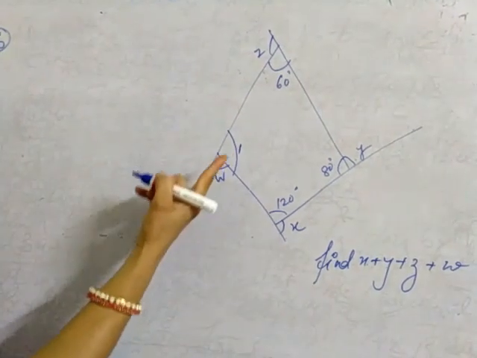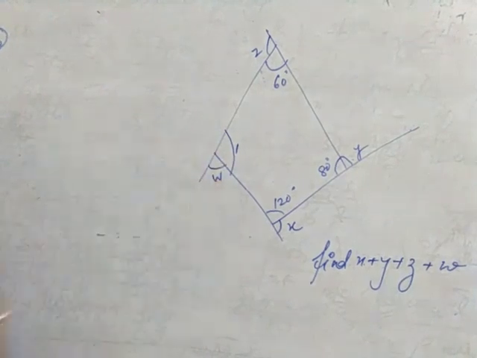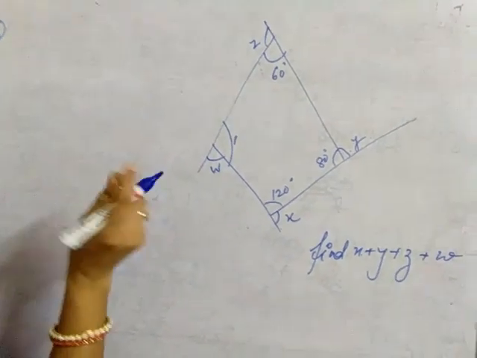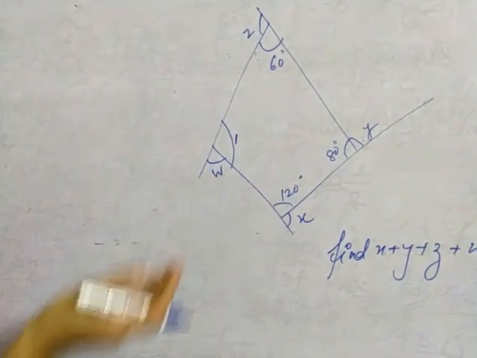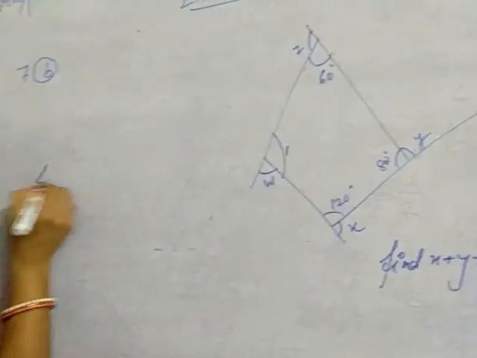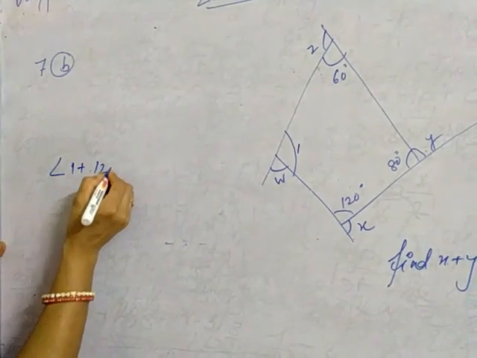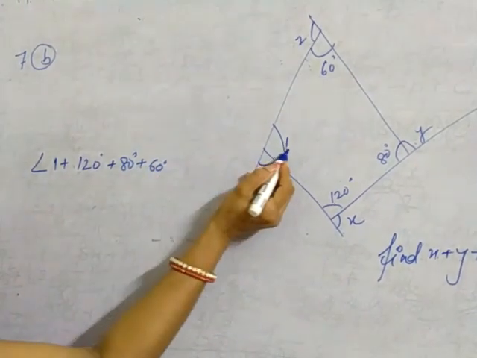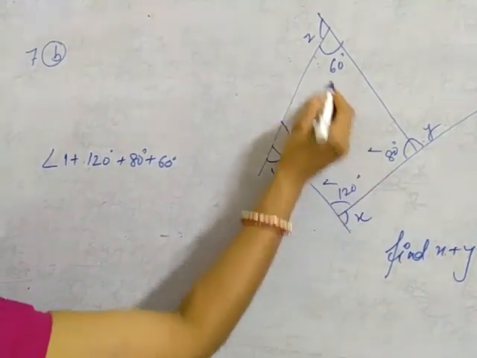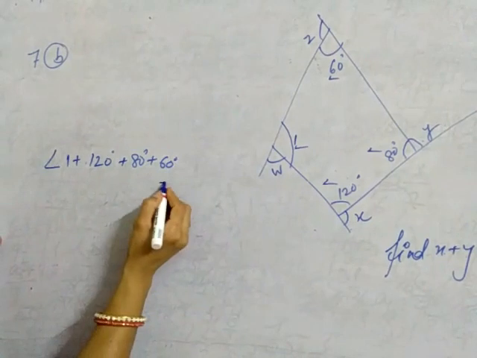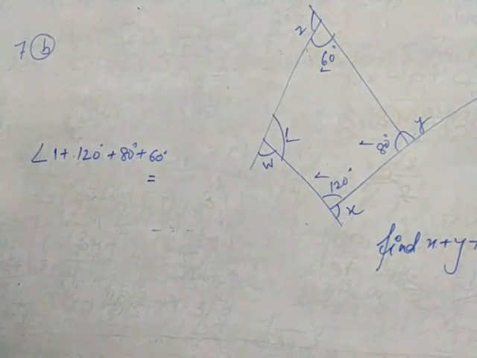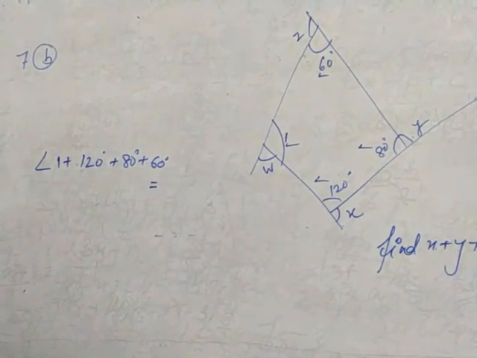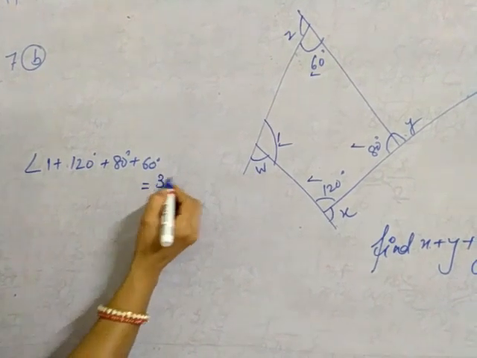If we are using angle 1, it must be mentioned in the figure also. You can take any other variable also. You can take A, B, C, that's all up to you. So angle 1 plus 120 degree plus 80 plus 60. I am talking about interior angles. This, this, this and this. Now their sum of interior angles of a quadrilateral is 360 degree.